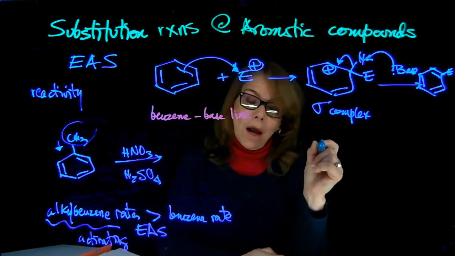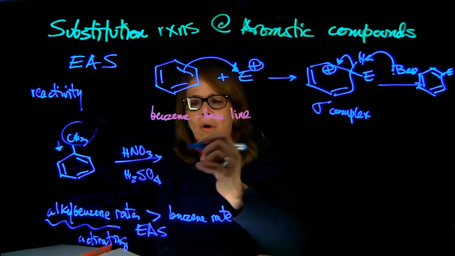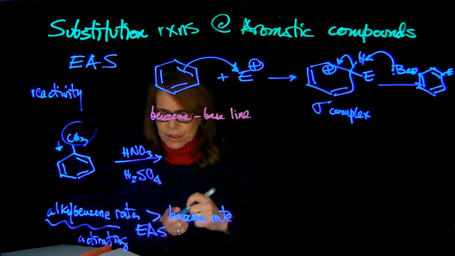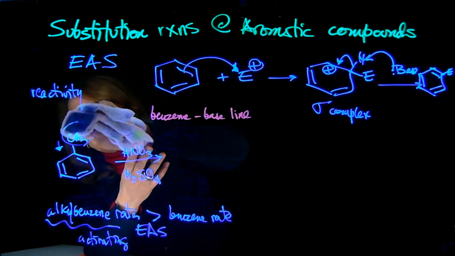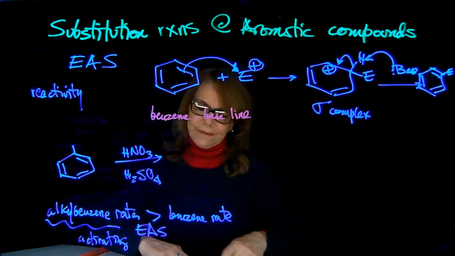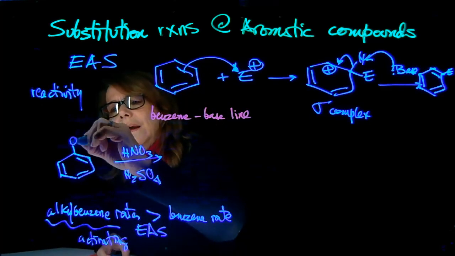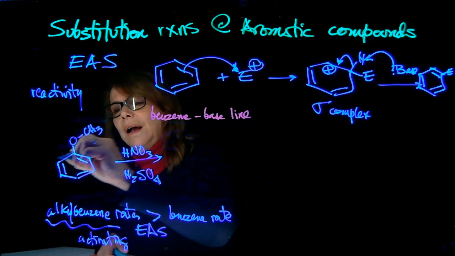Now, another thing is where is the substituent going? I think I did another video in which I'm going to use another activating group. Let's say that instead I have a methoxy group. So this is anisole.